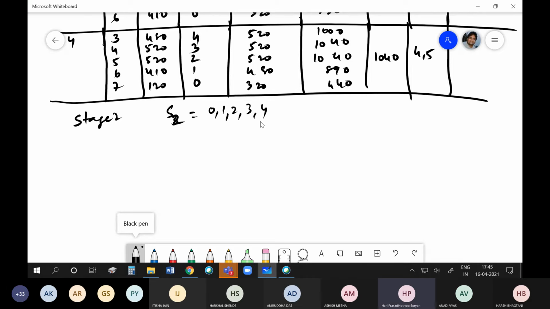And what are the possible values of R2? How much is the inflow in the second stage? It is 1 unit, so I can have releases from 0, 1, 2, 3, 4 and 5, isn't it? Is it clear?